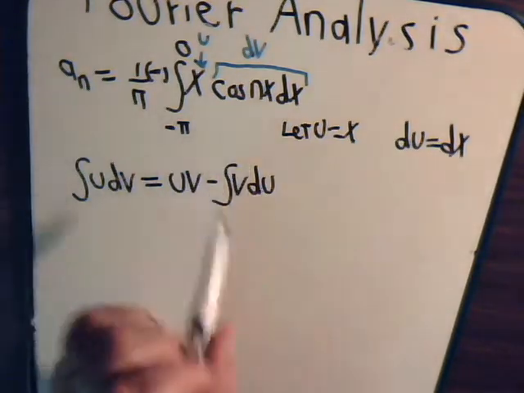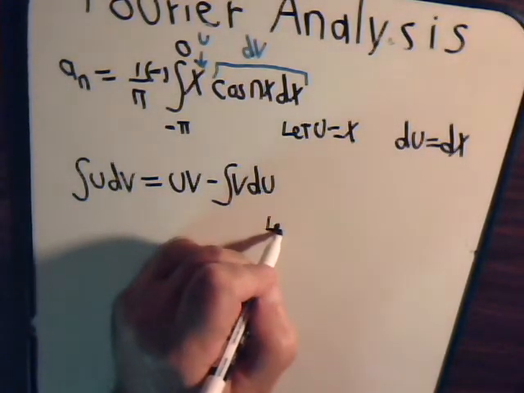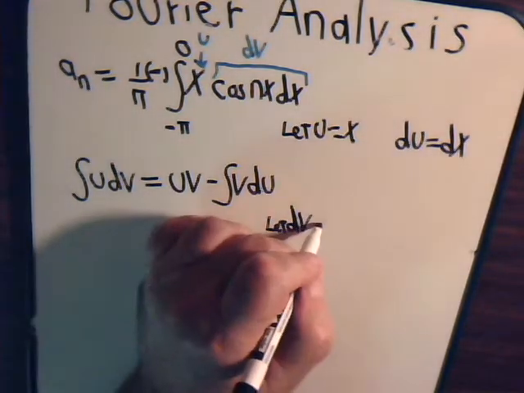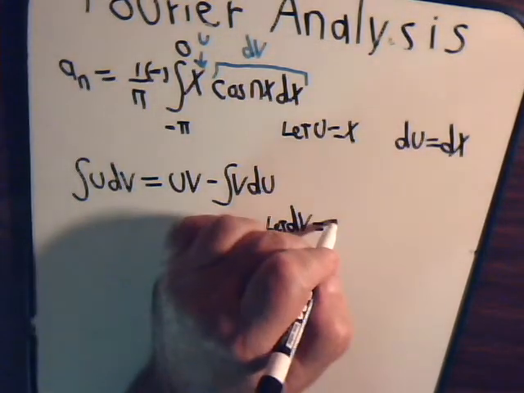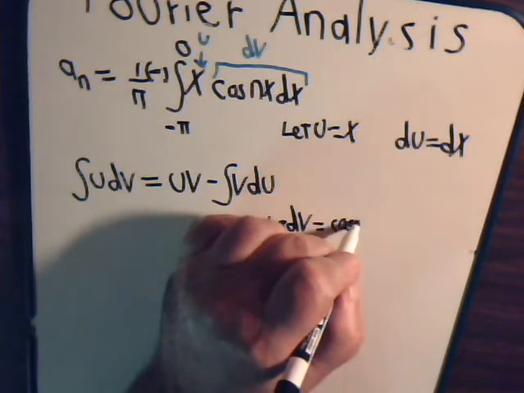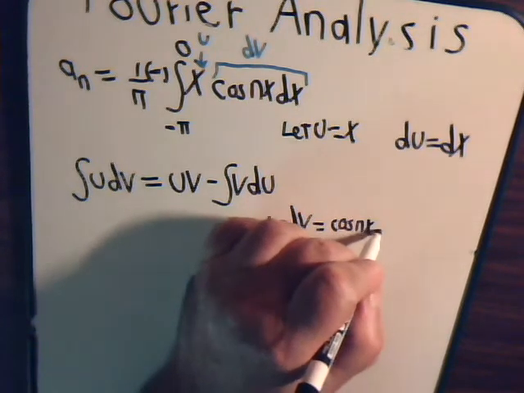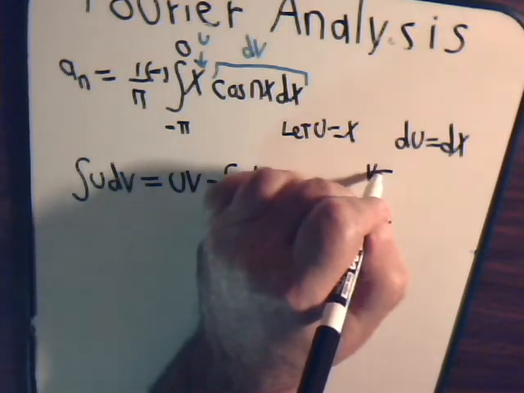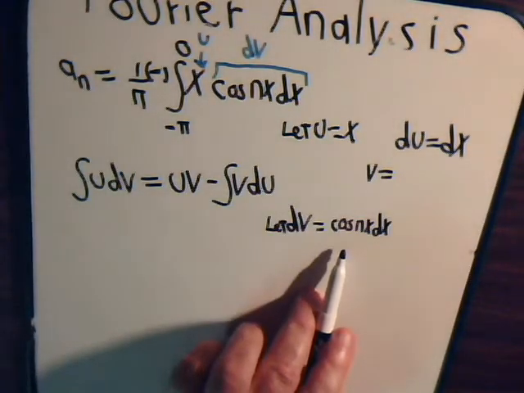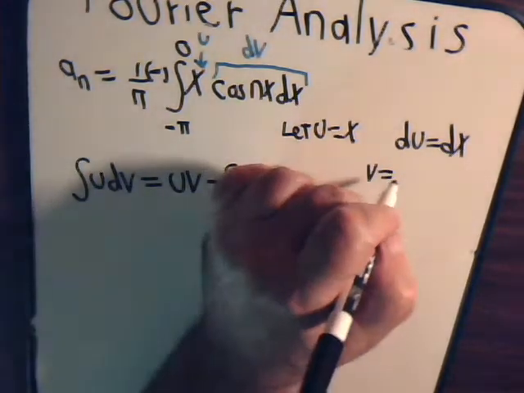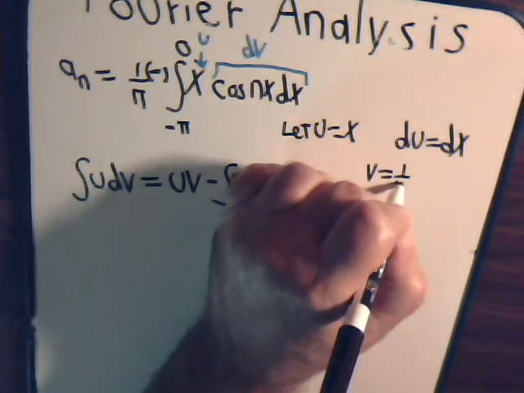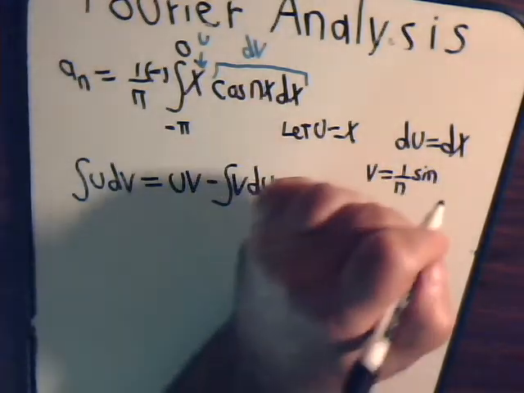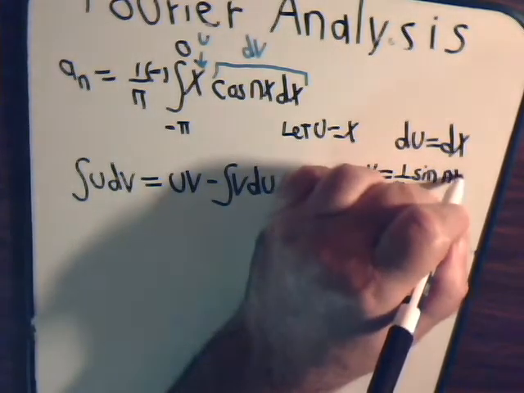Now we let dv equal cosine of nx dx. So v, the integral of cosine, is plus the sine, so this will be 1 over n times the sine of n times x.